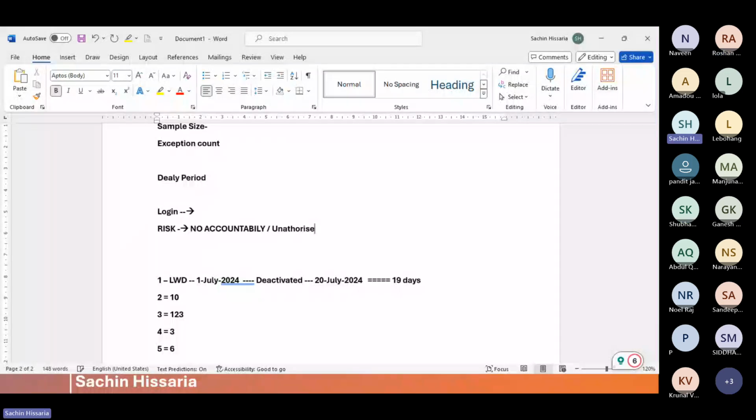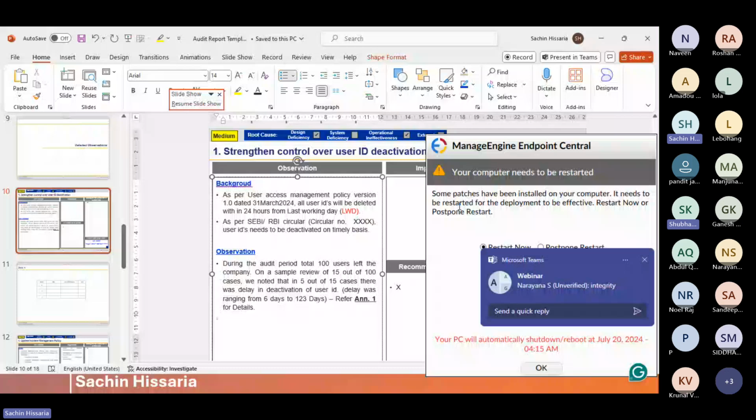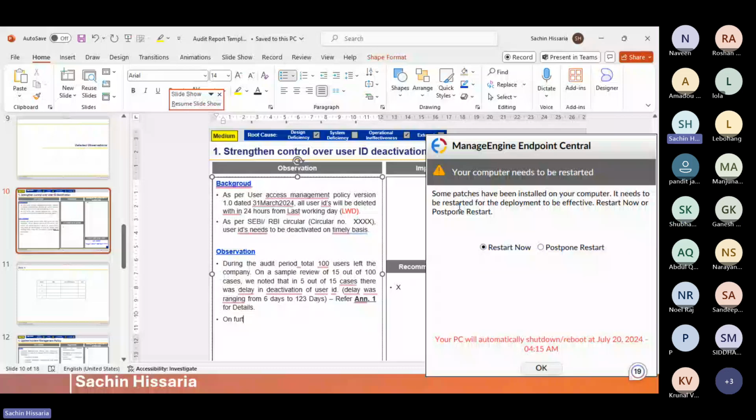So now you have to write here that on further verification, we noted that, for example, 2 out of 5 cases had a login after the last working day.